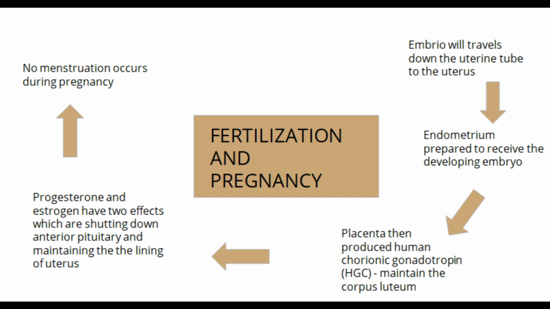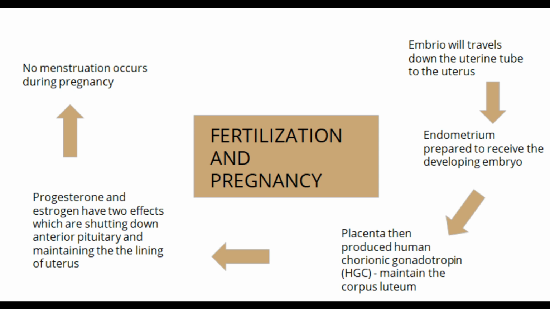Okay, so when the anterior pituitary is shut down, no follicles will mature. As I said earlier, if the follicle matures, the corpus luteum will degenerate and menstruation will occur. But when progesterone and estrogen are high, they cause the shutting down of the anterior pituitary. And also for maintaining the lining of the uterus, it means that the corpus luteum is no longer needed.